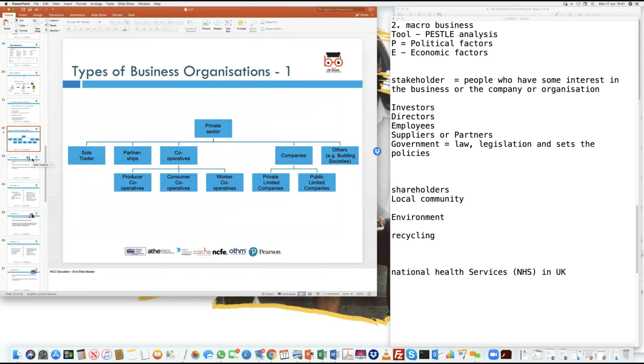Now, going further very quickly, if we look at different types of businesses in the private sector, we classify them as different types: sole trader, partnership, cooperatives, and then when you have companies, you have different types of companies: private limited companies, public limited companies, limited liability companies, and things like that.